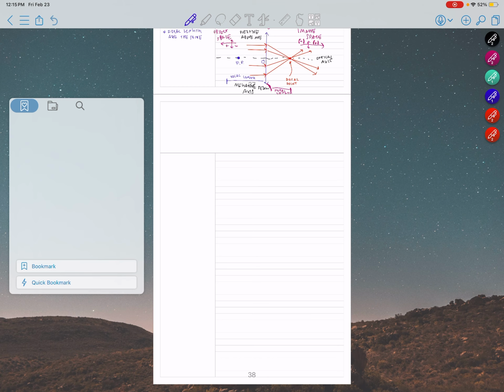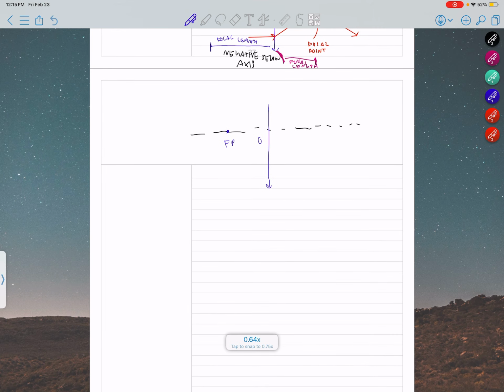And focal point. So let's say that I have an object, and I normally will draw an elephant, or a turtle, or a cat, but just to simplify it right now, I'm just going to draw a very boring arrow. Okay.